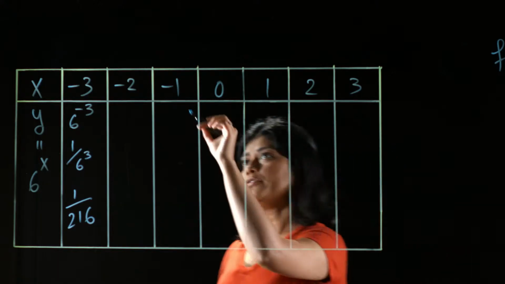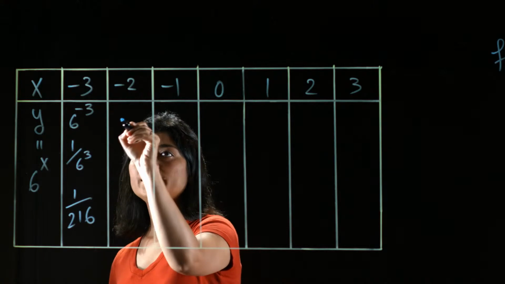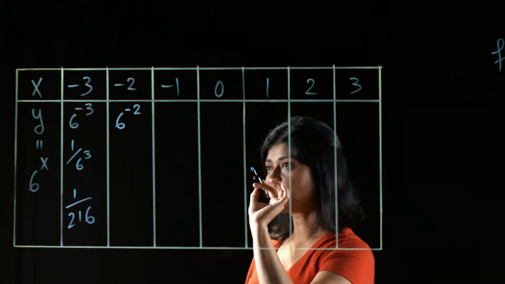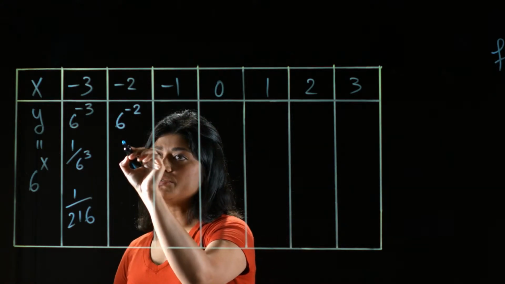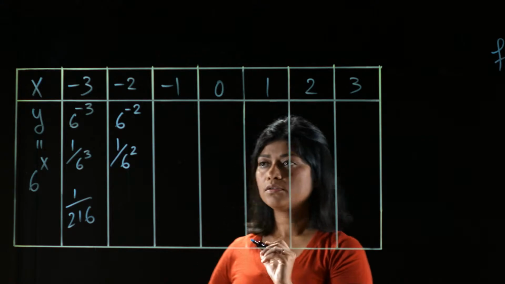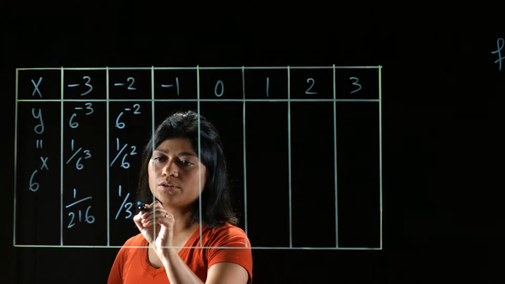Same way, we figure out what happens at -2 for x. So y is 6 to the power -2, but the property of exponent tells you that this is 1 over 6 squared, and 6 squared is 36, so this is 1 over 36.